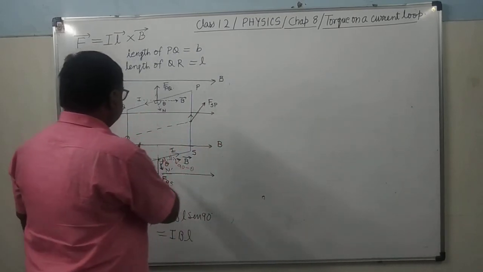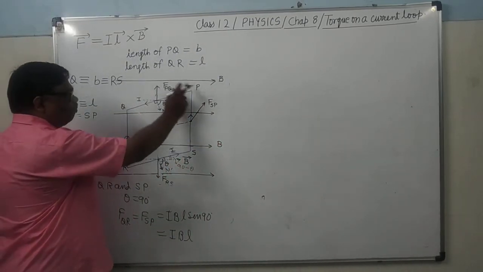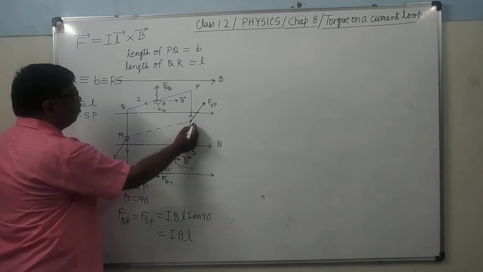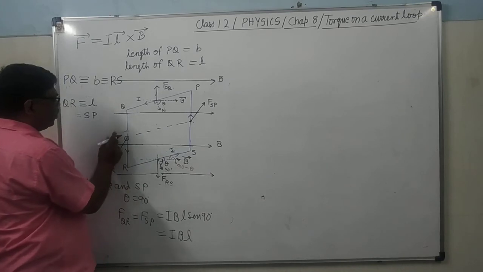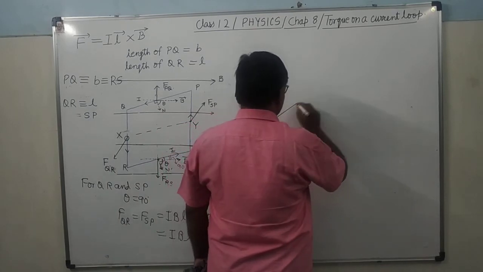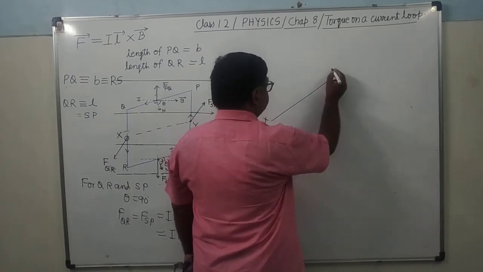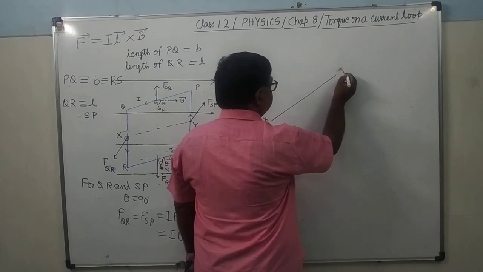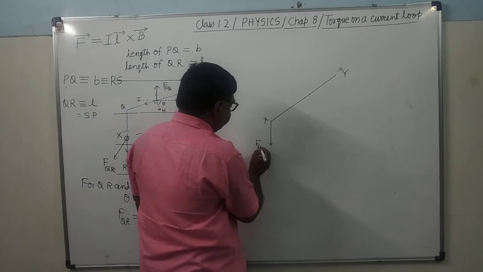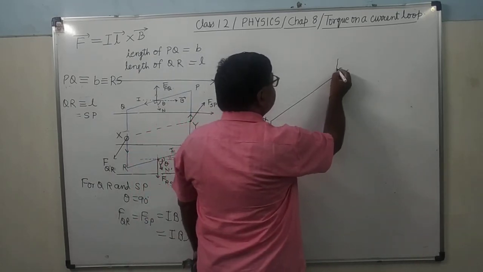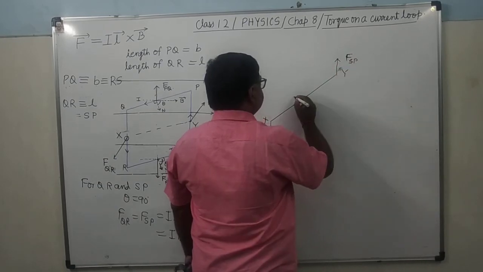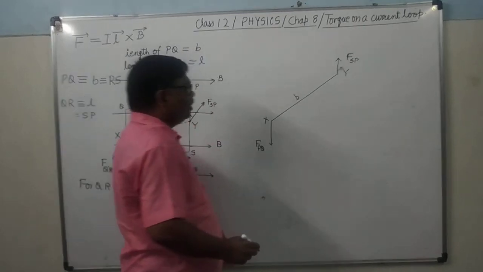Here, this length will be equal to PQ. This you can name M. This XY you take as XY. On this segment force is in this direction, FQR, and here force is in this direction, FSP. What is its length? XY will be equal to b.